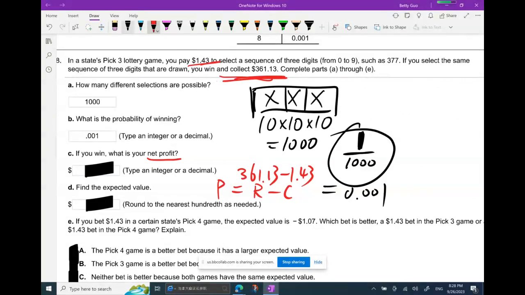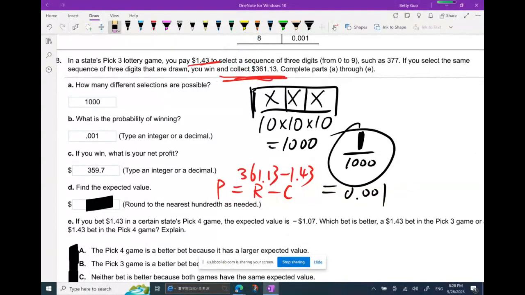All right. Do the math. Your profit is the difference of that. You have $359.70 profit. Okay, profit is profit, the net profit. Is that clear, part C? If you win, your profit is $359.70. This part is to remind you, your profit is not $361.30.